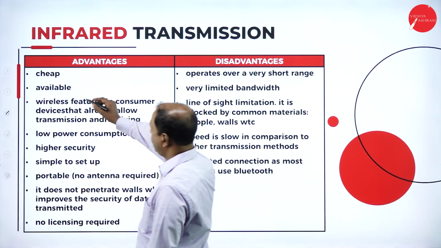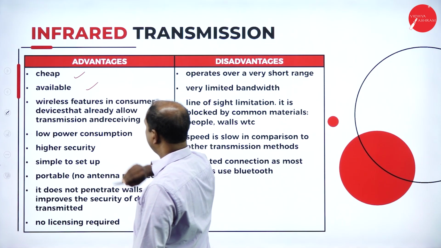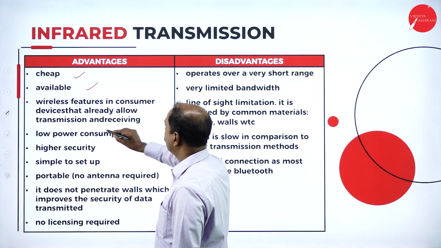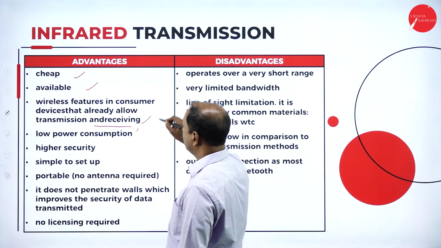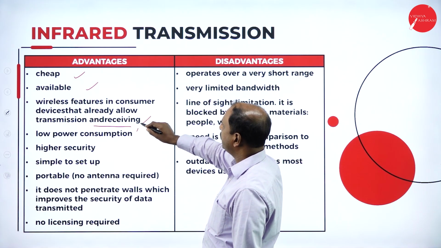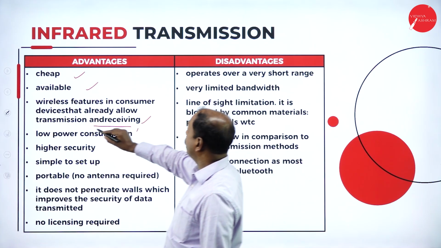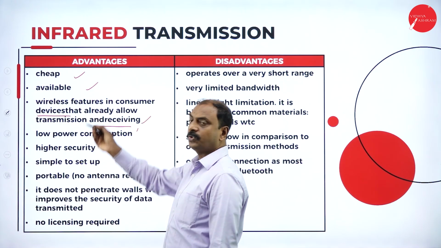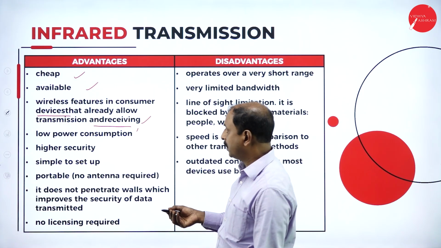One is that it is very cheap and very easily available. Wireless features in consumer devices already allow transmission and receiving, so it is possible to send and receive signals wirelessly. That is why we use it in our laptop or remote control.